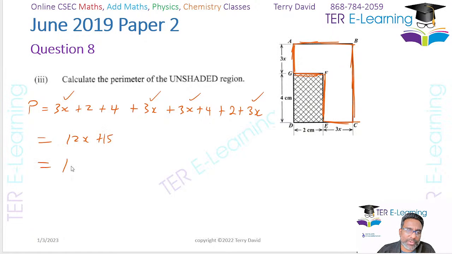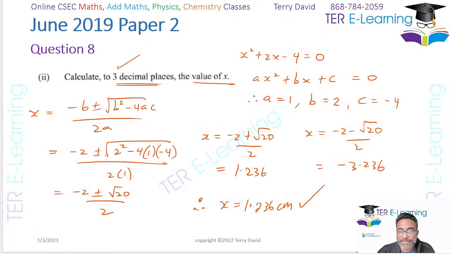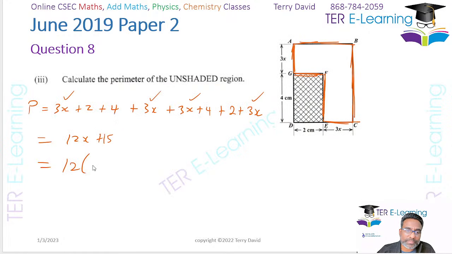So then all I'm going to do is substitute the value we just got for the length, which was 1.236. And I'm getting 29.832 cm.